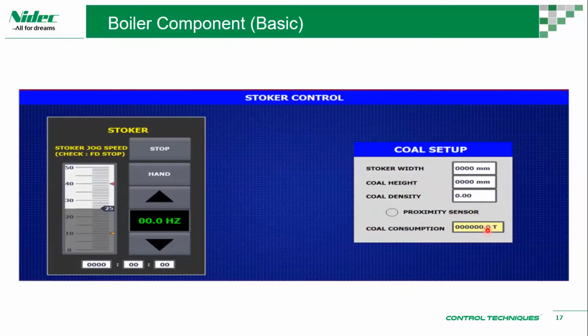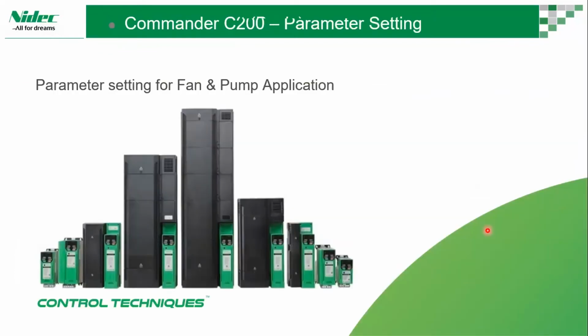This is the common control for the stoker. That's why I mentioned that if you want to penetrate the coal boiler market, we have the ID fan, the FD fan, and the stoker. These are the components of the boiler that use VSD. We can penetrate from there.